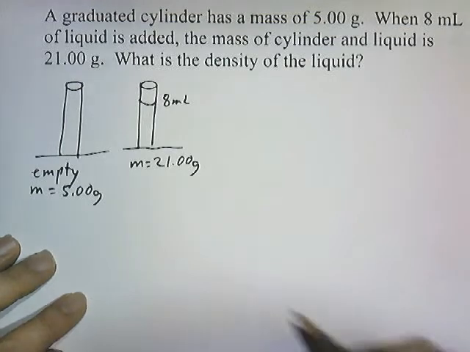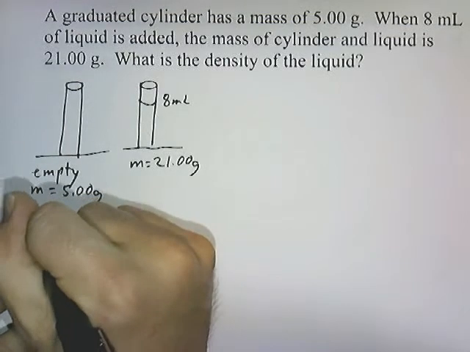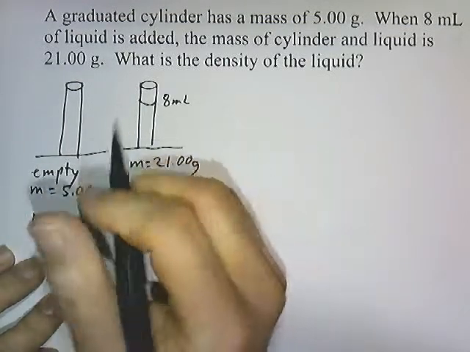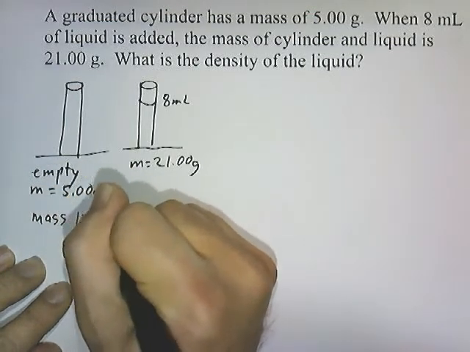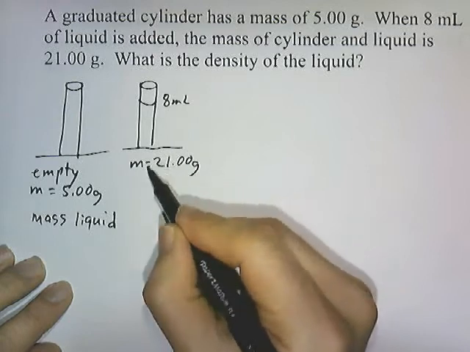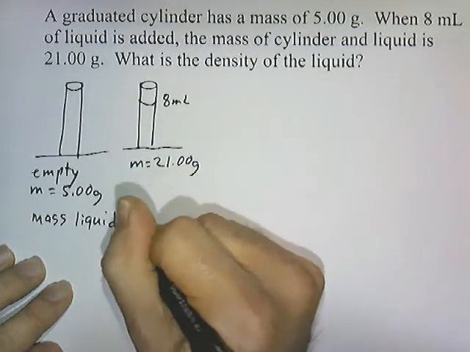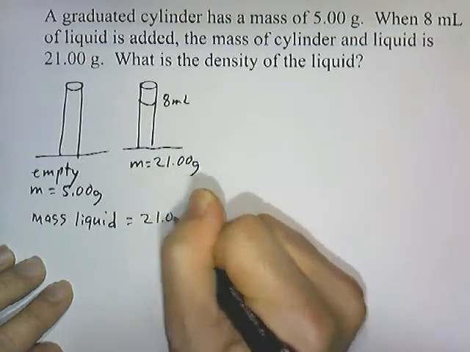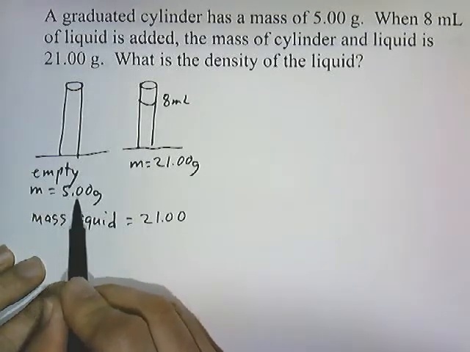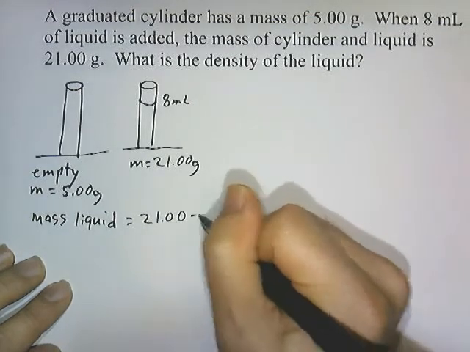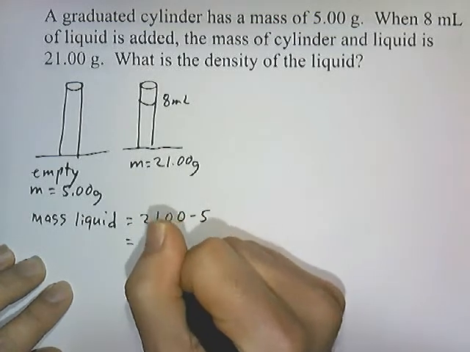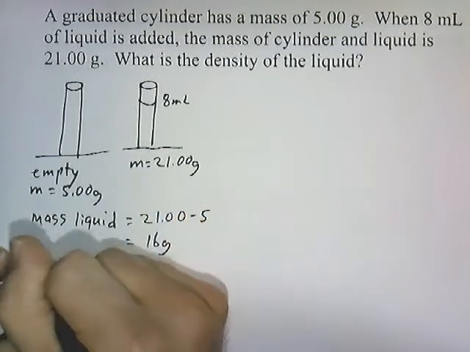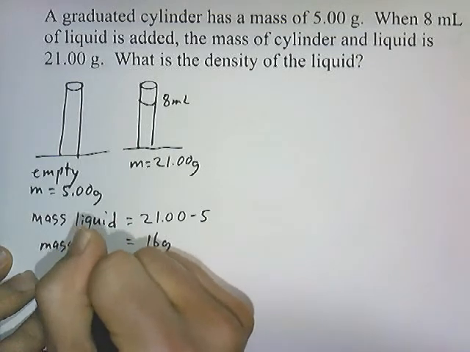All right, so to get the mass of the liquid, it's just going to be the mass when it's filled up, so it's heavier here, it's 21. And then here's the mass when it's lighter, it's 5. And so it's going to be 16 grams. That's the mass of the liquid. That's how heavy the liquid is.